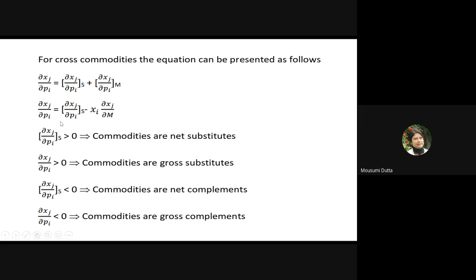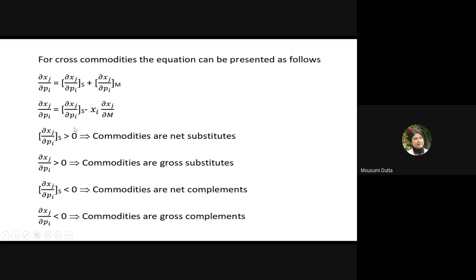Now, when I am using this equation 5, say, this version, in that case, del xj by del pi s is greater than 0. What does it mean?